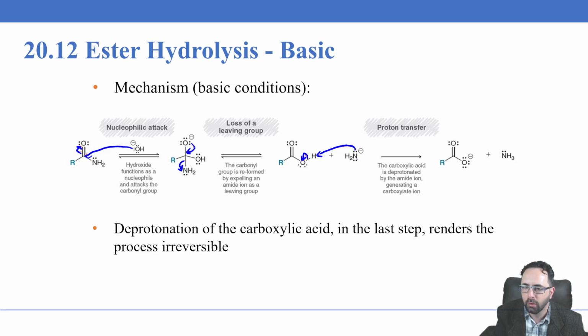It's going to grab that proton and give us ammonia, and then we're going to have this oxygen here with three lone pairs and one bond, and so it has a negative formal charge. And notice that this is a much more stabilized negative formal charge, being a part of this ester. And so this reaction, the fact that it produces this stable carboxylate ion here will drive this reaction forward. Notice that this is negative, so it's not going to be as nucleophilic too, so we don't have to worry so much about the ammonia attacking as a nucleophile here.